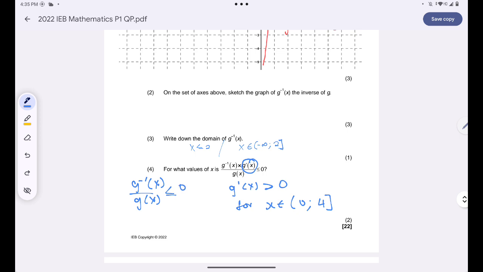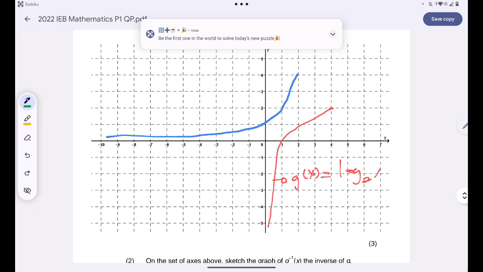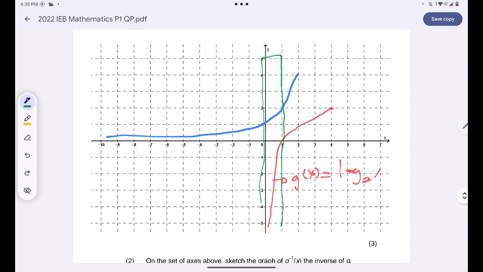I'm looking for the values of x whereby the two graphs have different signs, which simply means the values of x whereby one graph is above the x-axis while the other is below the x-axis at the same time. Are you together? Okay, if we can all check when x is between 0 and 1 in this space over here, the red graph is below the x-axis and the blue graph is above the x-axis.